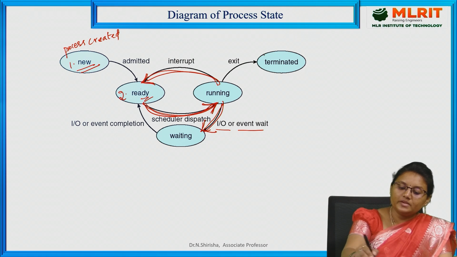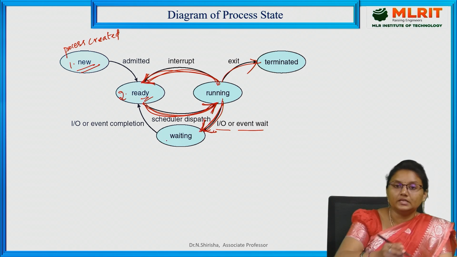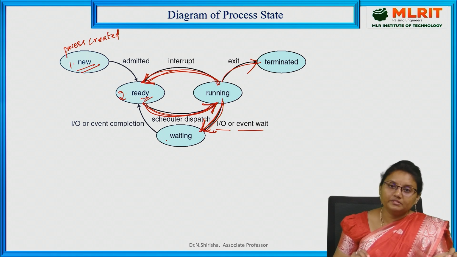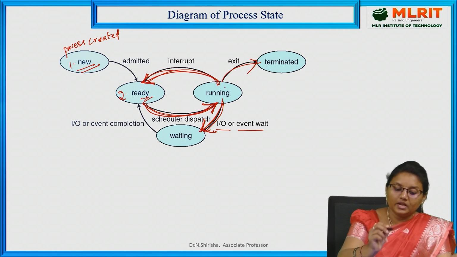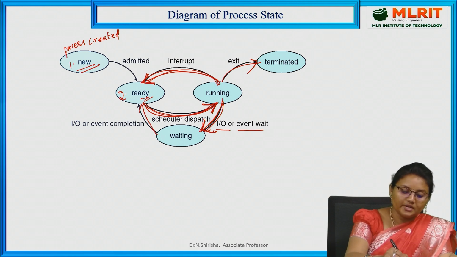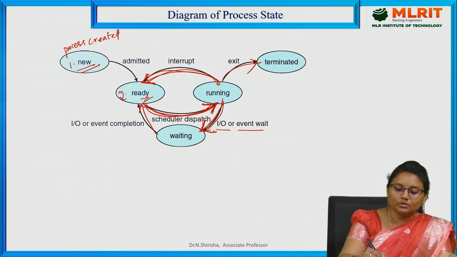If it is completed, it will go to terminated, that is exit. If it is not terminated and you get an interrupt, it will go to ready. If it is getting some input, output or an event should occur, then it goes to the waiting state. If that event occurs, again from waiting to ready and ready to running, it will go. So this is IO completed, so it will go to ready and then to the running state.